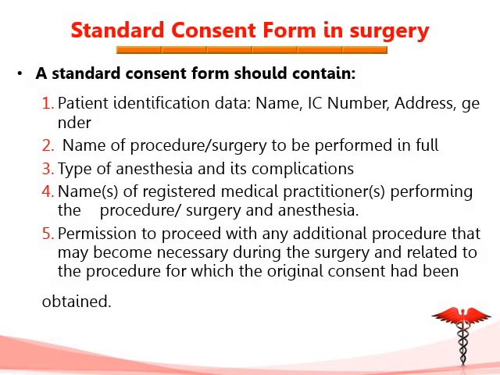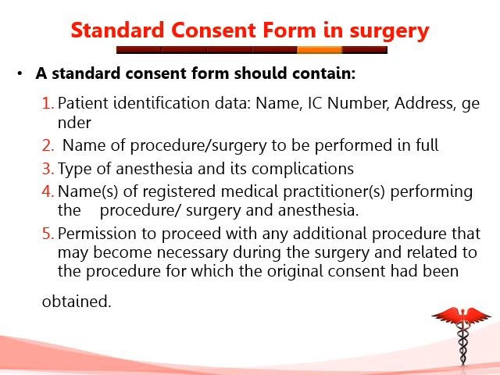What about the standard consent form in surgery? Besides the patient identification data like the name, the number, the age, and address, you are going to mention the diagnosis and the procedures that will be performed, the types of anesthesia, its complications, and the name of the medical practitioner that will perform the procedures and the anesthesia.